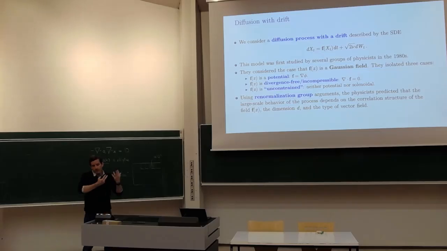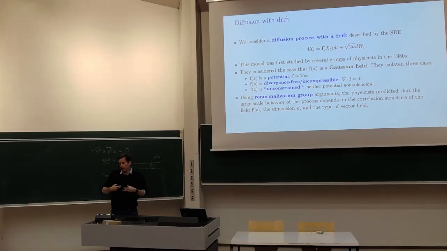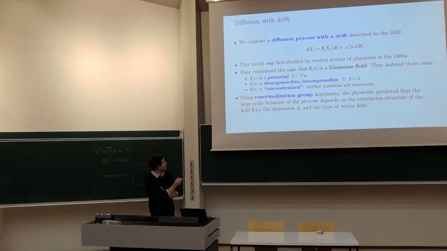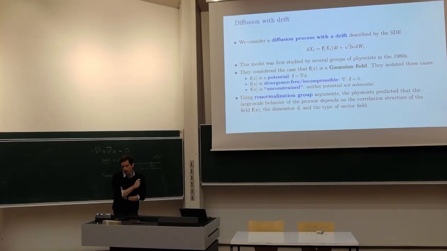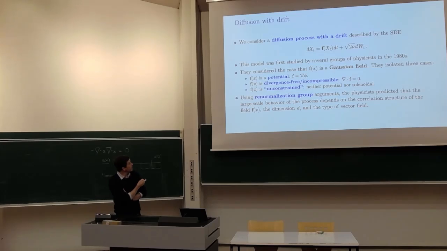And any vector field can be split into a divergence-free part and a potential part. It's an orthogonal decomposition of L2 vector fields. But you could also have the case where you don't remove one of the parts. So there's the potential case, the divergence-free case, and the both case. And I'm going to be mostly talking about the divergence-free case in this talk, so the second bullet.